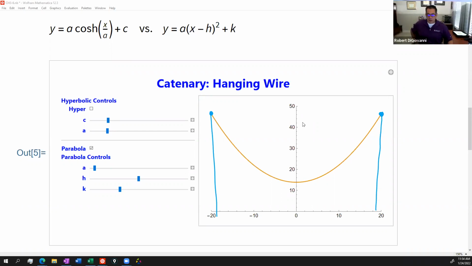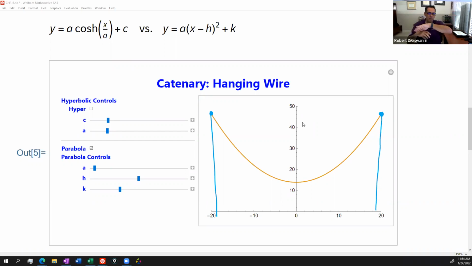Parabolas are great at modeling things that are flying through the air, right? If you throw a rock through the air, the flight is parabolic, but the only thing acting on the rock is gravity. When you have a wire hanging between 2 points, that's different, because you have these 2 anchor points, and the wire is being held in place.